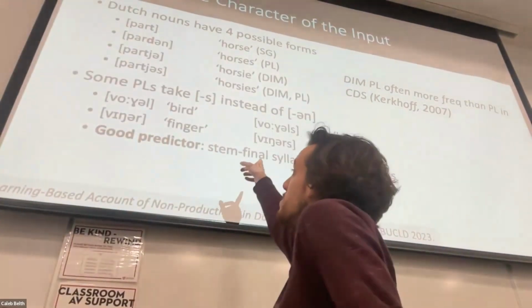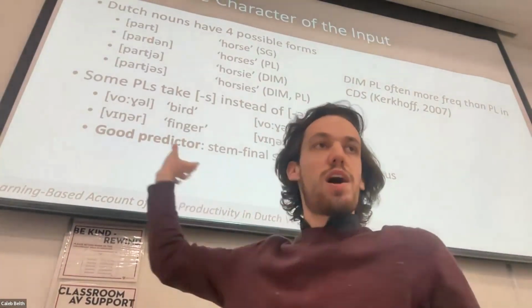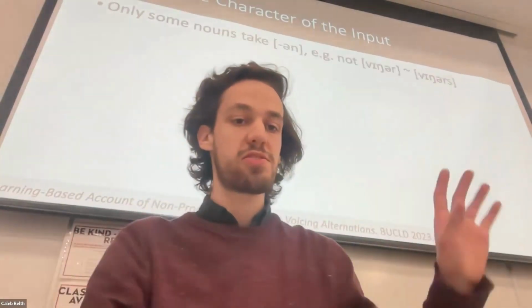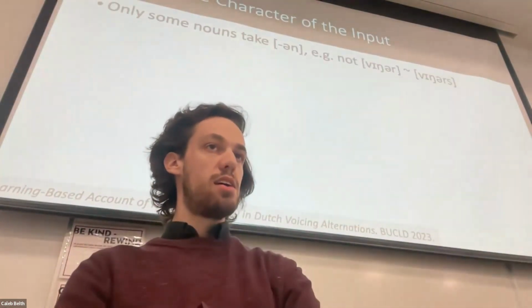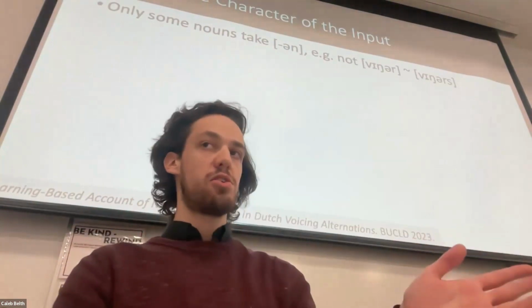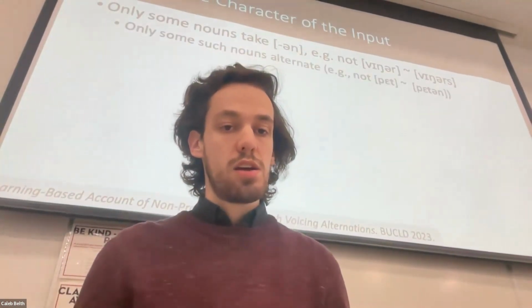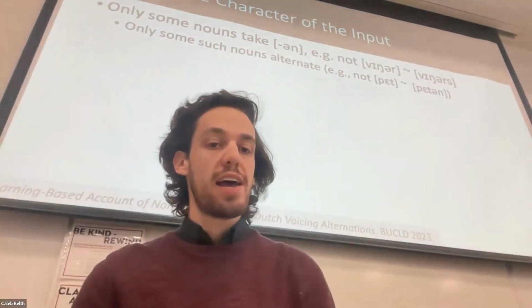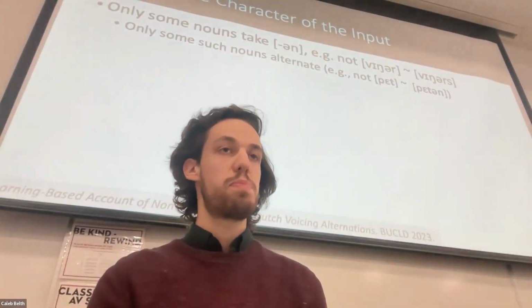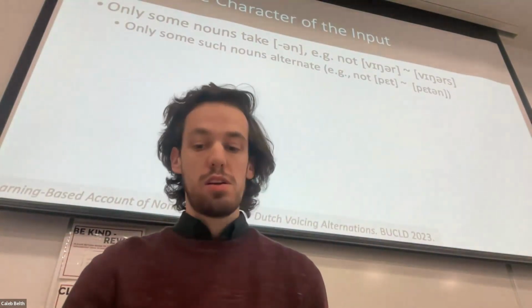All right, also, some plurals take s, as I described before, instead of schwa n. So to summarize this, only some nouns take schwa n, others take s, and if it takes s, it can't alternate because there's no new syllable. And then only some of the nouns that take schwa n alternate. So for example, not pet, petten, but also not anything that ends in a sonorant.